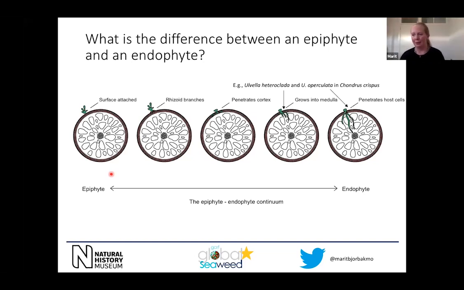The gametophyte of Chondrus crispus is, for instance, more resistant than the tetrasporophytes to infection by the filamentous endophytic algae Ulvella operculata. And also different seaweed host species have, for example, different thickness and compactness of the cortex, and also different mechanisms for protection against potential pathogens, such as oxidative bursts.